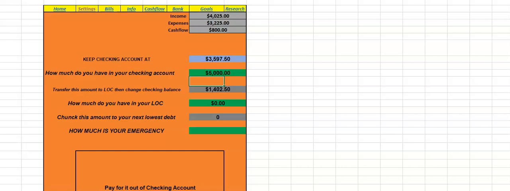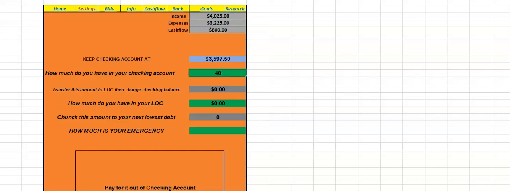So basically this is velocity banking all of your cash flow, because once you get to this point, that's your zero from now on. So from this point on, anytime any cash comes into your account, it's going to go straight to the line of credit. So let's say you had your account at what it tells you, and then you get paid. Your income is $4,025.